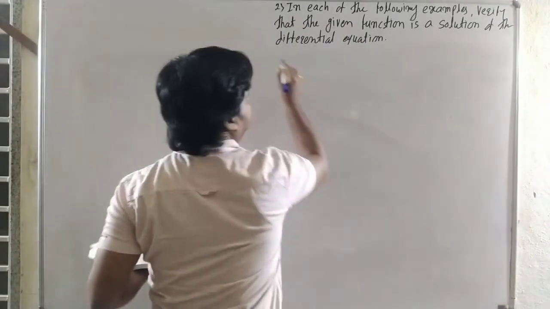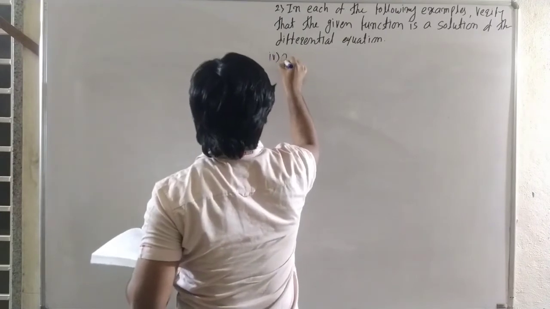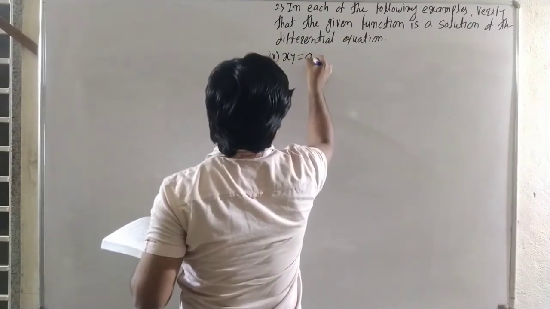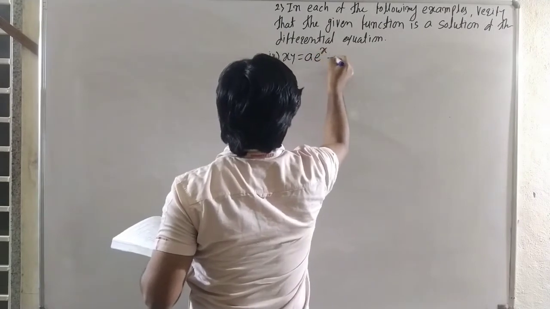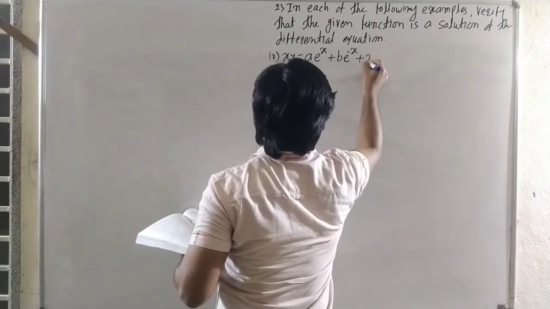Fourth example. xy is equal to a into e to the power x plus b into e to the power minus x plus x square.